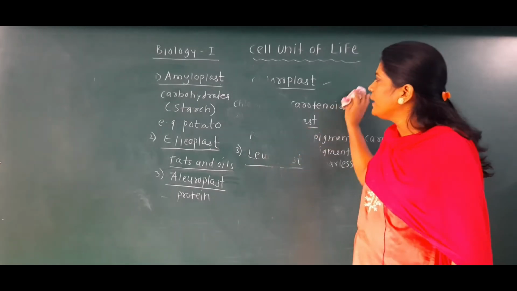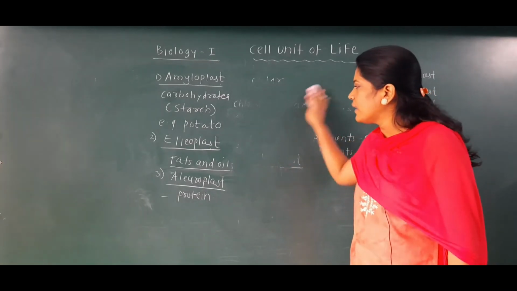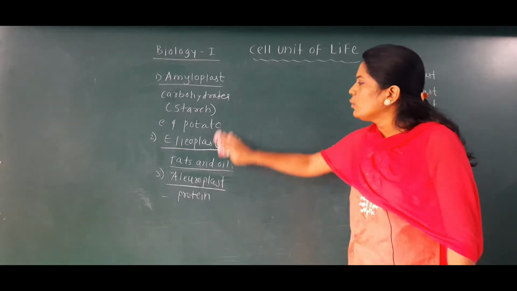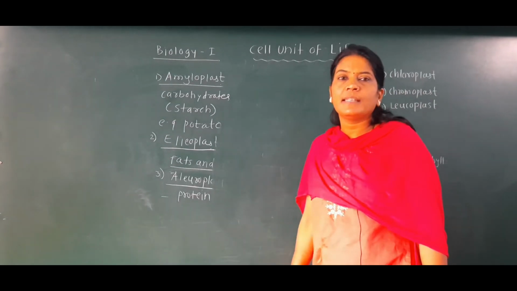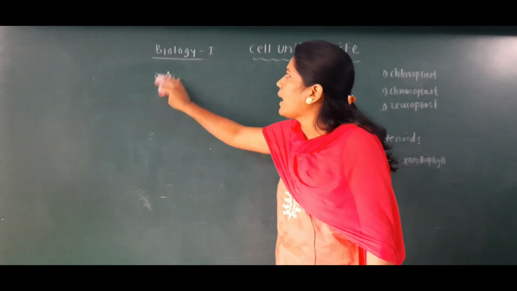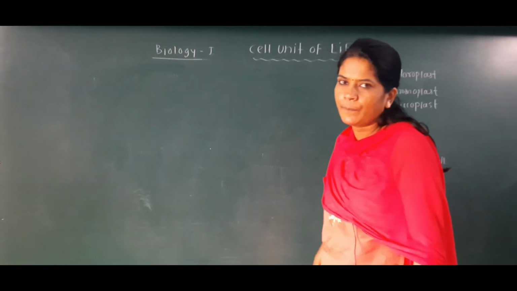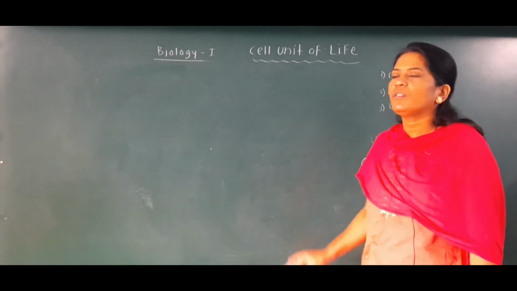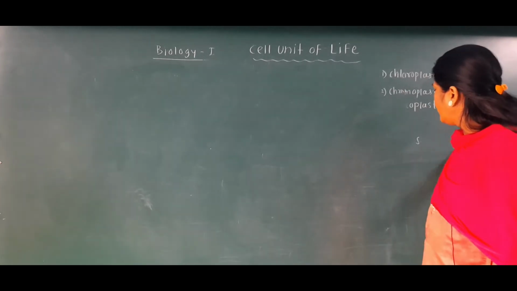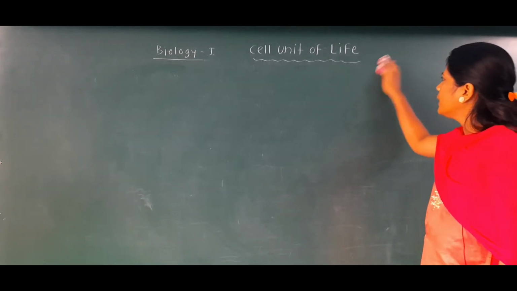Again, an important thing is that before sketching the diagram, we have to know where these chloroplasts are present in the plant, or in which cell of the plant this chloroplast is present. What is the shape of this chloroplast? How does it look in the body of the plant? That we have to see here.